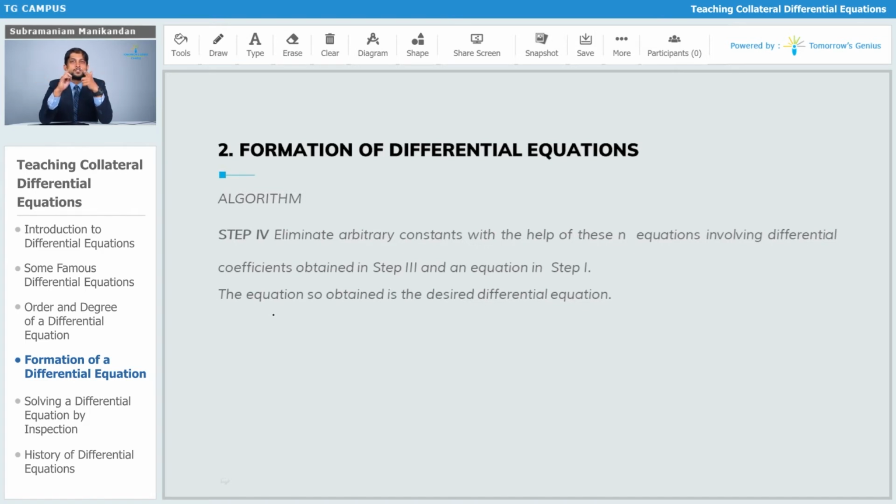Again, all of these 4 steps are very abstract, and it is not clear how we actually apply them in order to form a differential equation. So let us go through this algorithm by actual application in a mathematical problem.